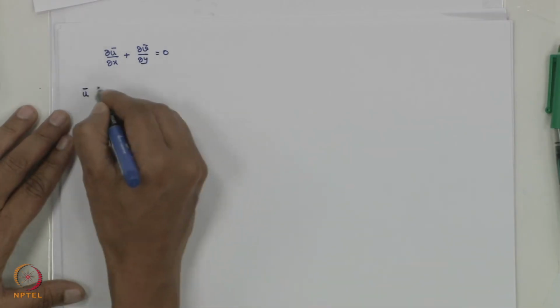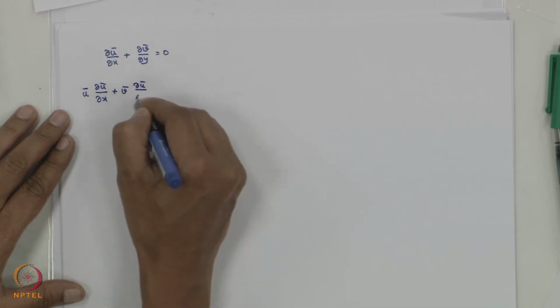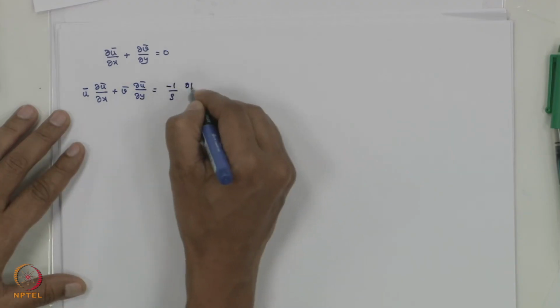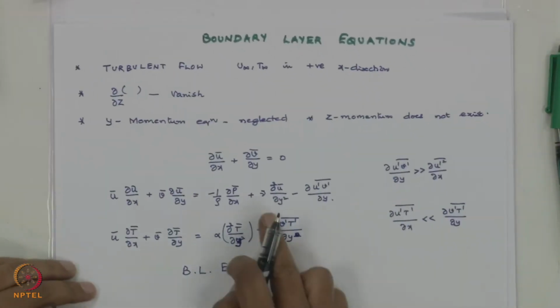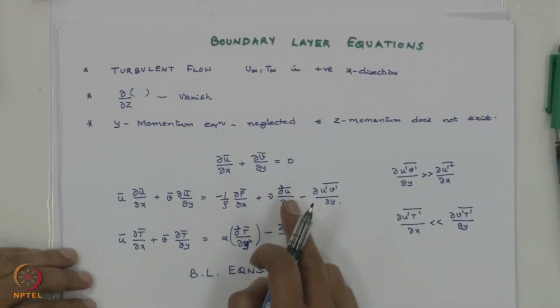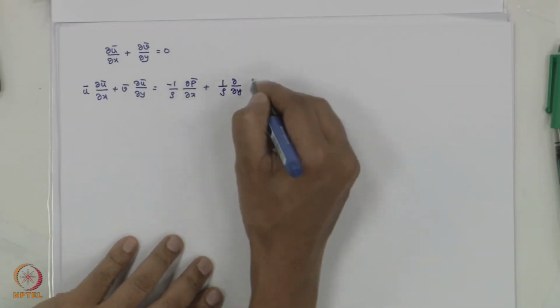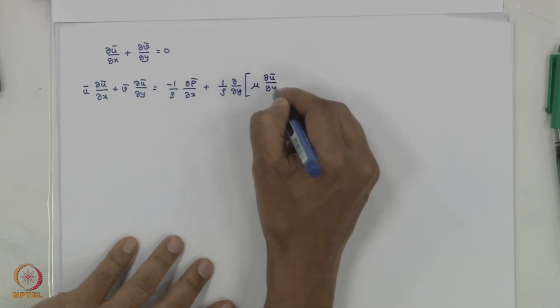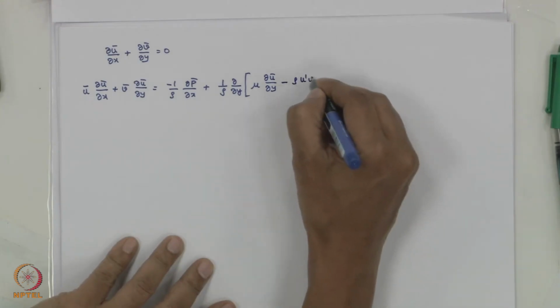The momentum equation is U bar del U bar by del X plus V bar del U bar by del Y equal to minus 1 by rho del P bar by del X plus 1 by rho del by del Y of mu del U bar by del Y minus rho U prime V prime bar.